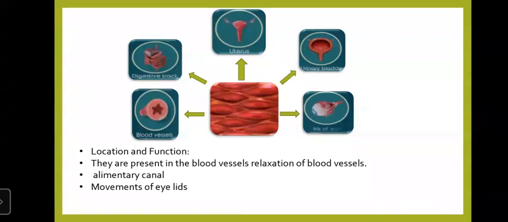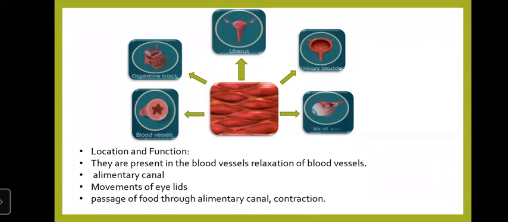Movement of our eyelids, whenever you close and open your eyes, is also brought about by the smooth muscles. Now this movement of the iris or movement of all these internal organs is not under control of our will.